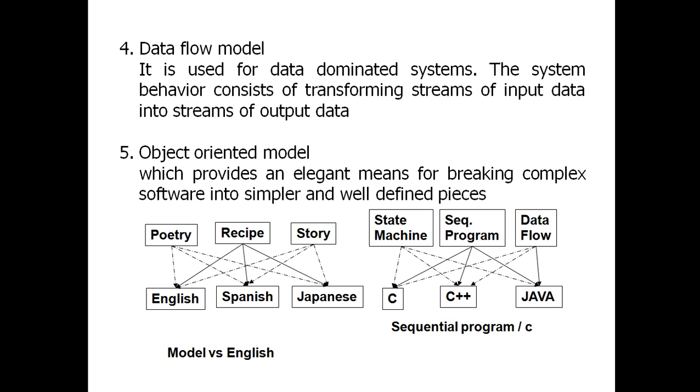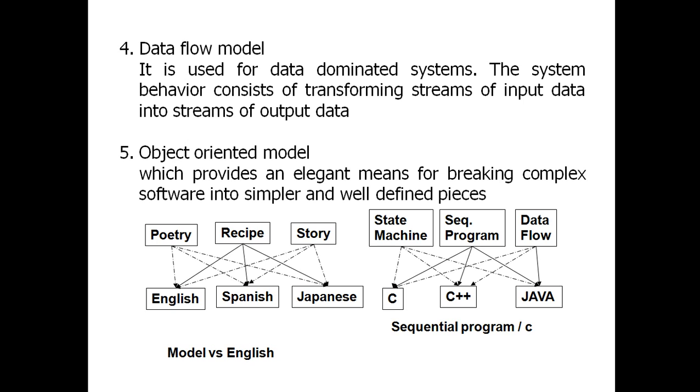Suppose, for the model versus English analogy, poetry is English, a recipe is Spanish, and a story could be English, Spanish or Japanese. It means a poetry can be written in English, Spanish and Japanese. In the same way, a state machine can be written in C, C++ and Java.